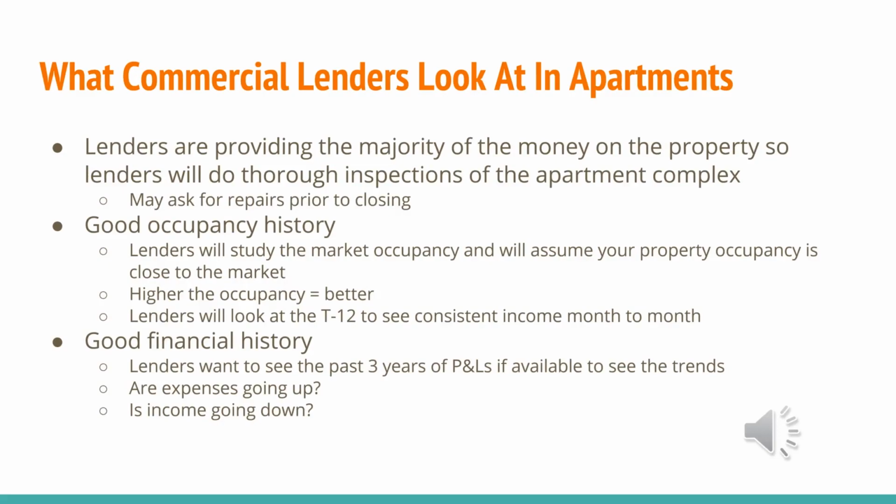So next, I want to talk about what commercial lenders look at in apartments. And remember, the lenders are providing the majority of the money on the property, so they'll do thorough inspections of the apartment complex, and they may ask for repairs prior to closing.